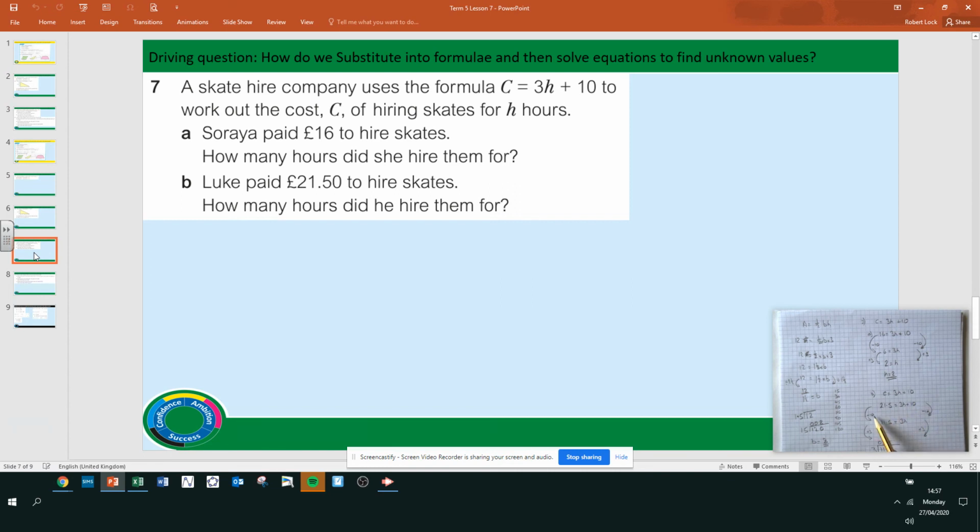Take away 10 both sides, £21.50, £11.50. 3 is into 11.50. 3s into 11, 3 3s are 9, remainder 2, 25. 3 is into 25, go 8, with 1 remainder.